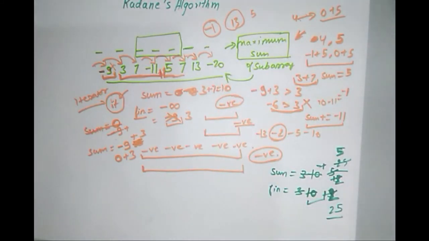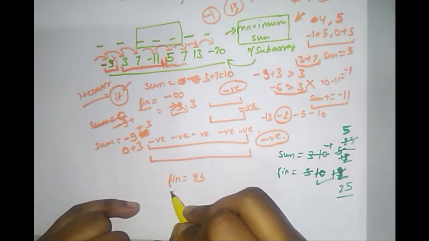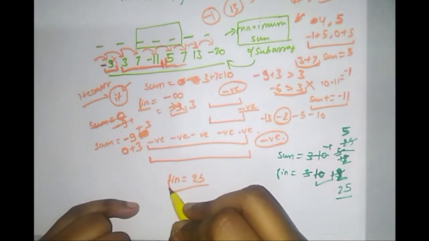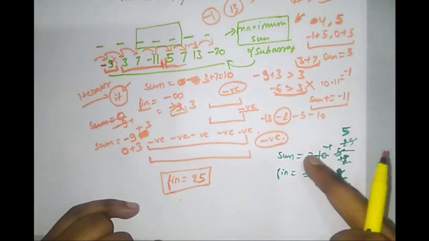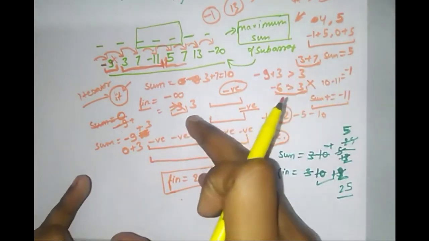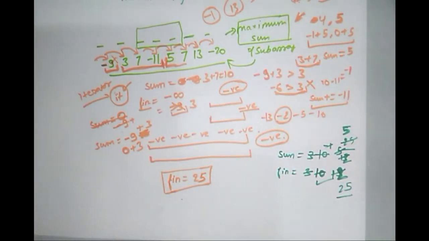Okay, so the final value is 25, and it is the only variable that matters at the last, because our sum contains a temporary subarray that we are considering during the iteration. Okay, so now let's move toward the coding part.